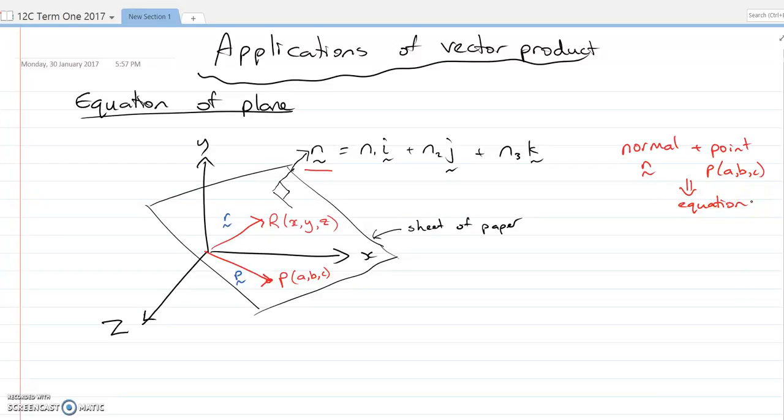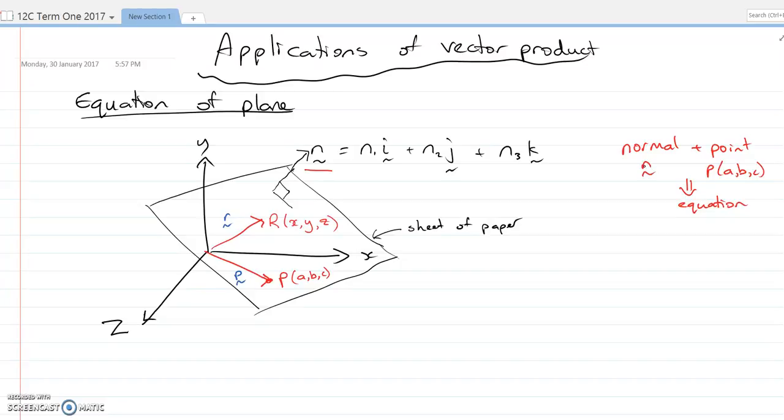If you think about how we found normals with this cross product that we've been using, it was by taking 2 vectors, and the cross product between 2 vectors gives you a normal to those 2 vectors.